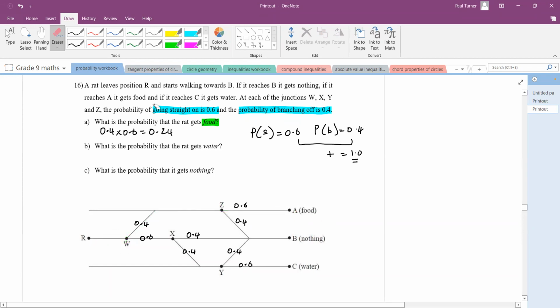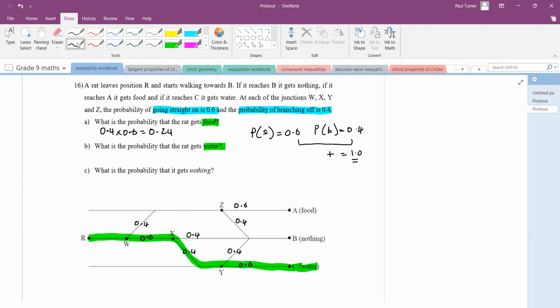So next, what is the probability you'll get to water? And water is here. And how many ways can you do that while moving forwards? So we'll go down to X, then we must turn, and then we'll get to water that way, all the time moving in the forwards direction. So there's only one way you can actually do that, getting to water.